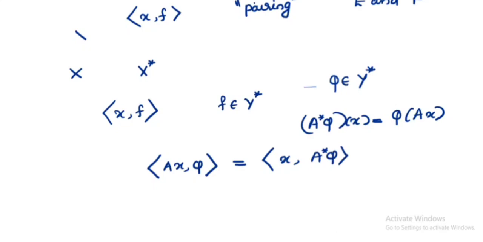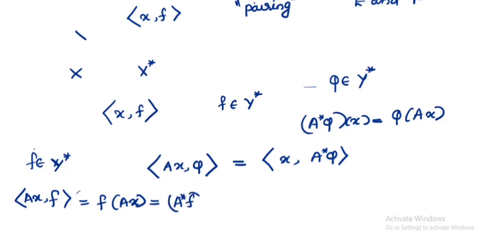As this is true for every linear functional, we write it like this: for any f belongs to Y star, <Ax, f> is equal to f of Ax, and this is the same as A star f of x, which is the same as <x, A star f>.